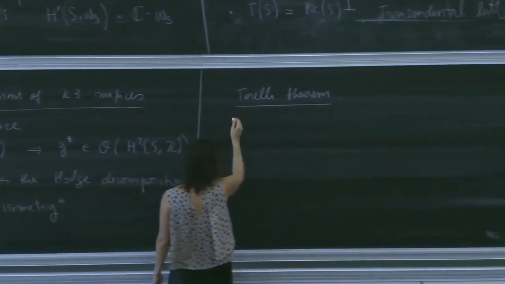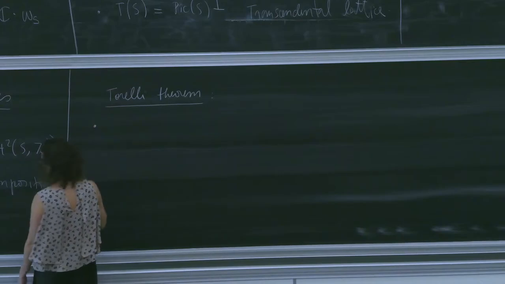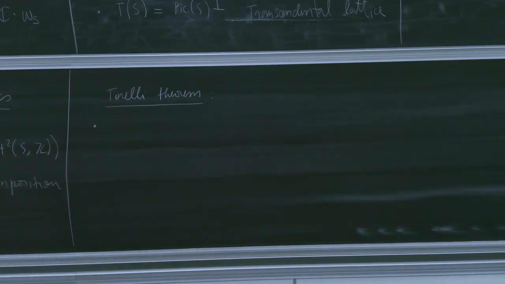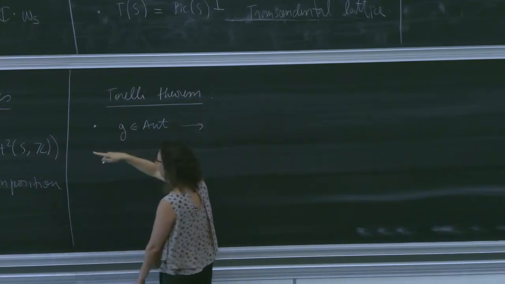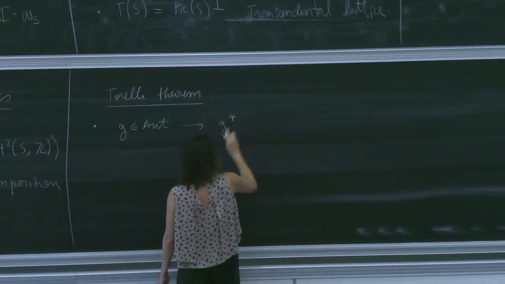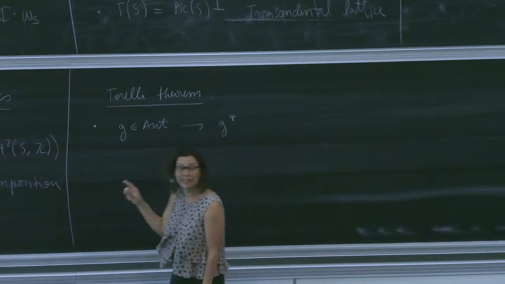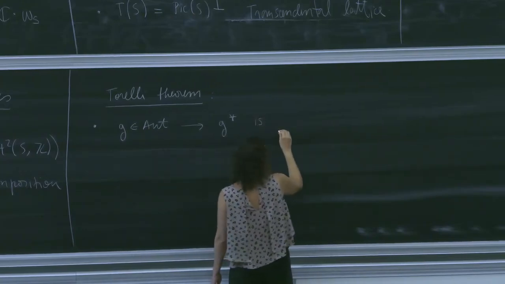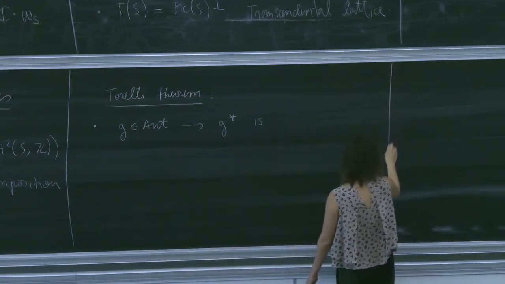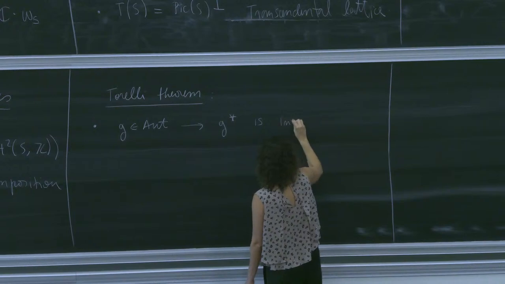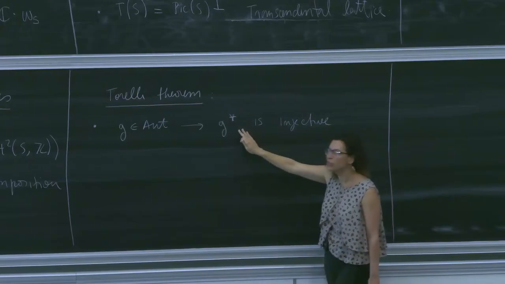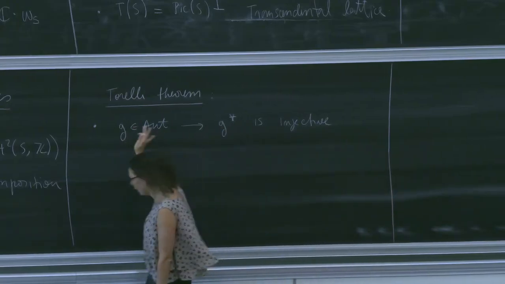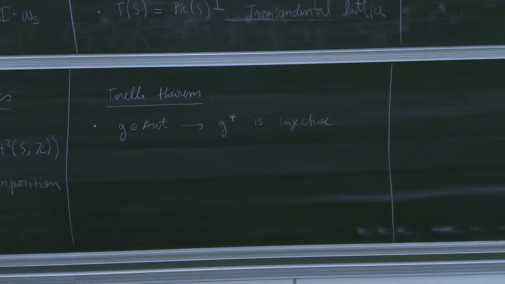But what is really the Torelli theorem is a statement that says that this correspondence that associates to an automorphism the Hodge isometry is injective. So if you understand the Hodge isometry, then this is enough to completely determine the automorphism.